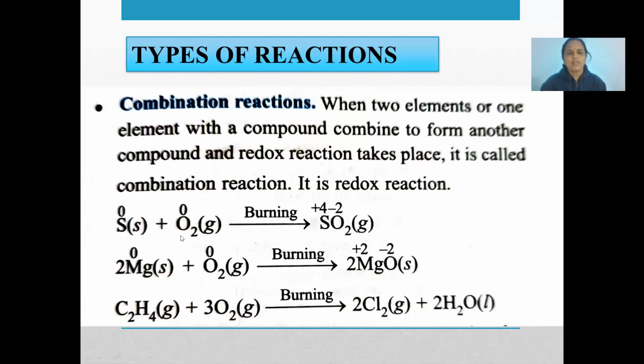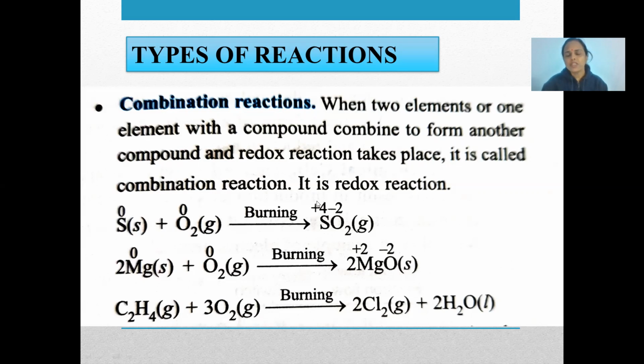For example, sulphur combines with oxygen and it results in the formation of sulphur dioxide. Here, sulphur and oxygen both are present in their elemental state and have an oxidation number of 0.